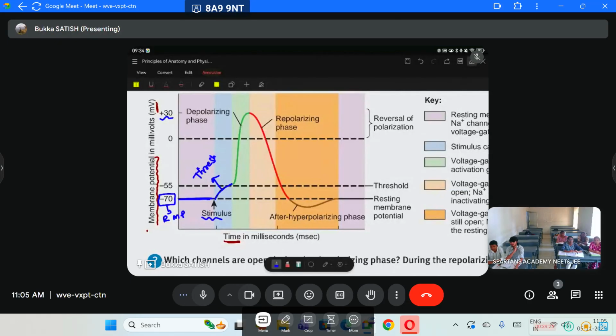When the repolarization is taking place, there will be hyperpolarization also for some time, but again it returns to the polarized resting membrane potential. Now, if you see this particular part, I'll just highlight it in red.